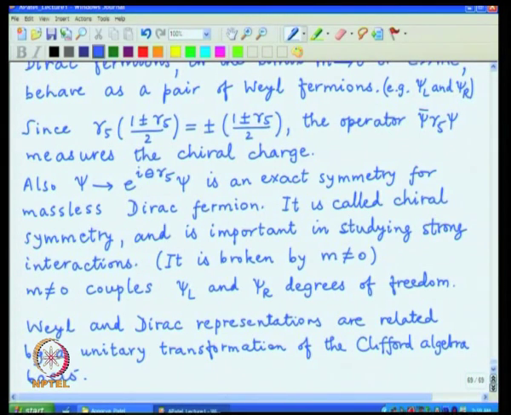So, then one can use that transformation to relate not just the basis matrices, but any arbitrary components of the spinors. How do you go from one basis to another?